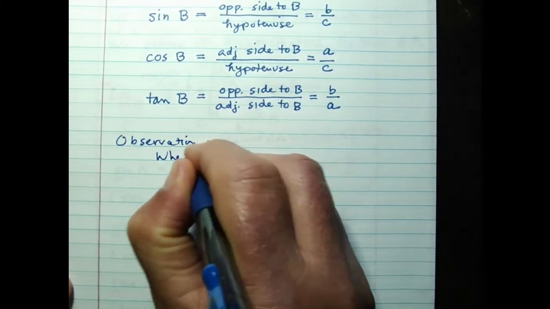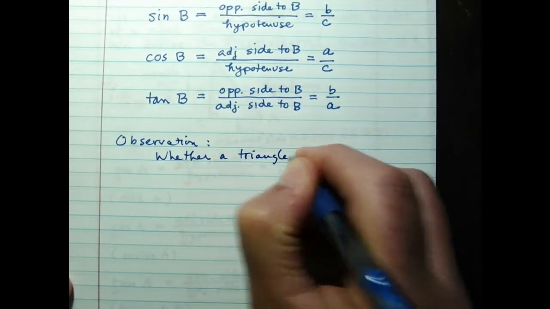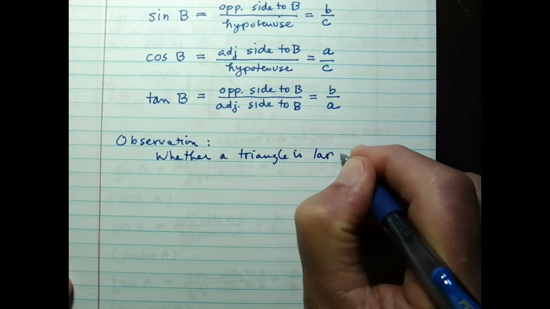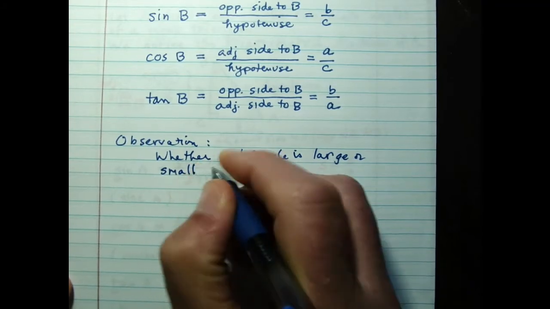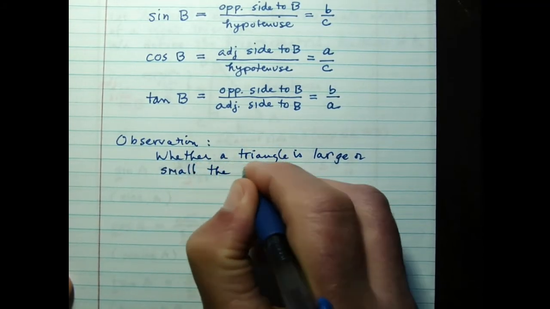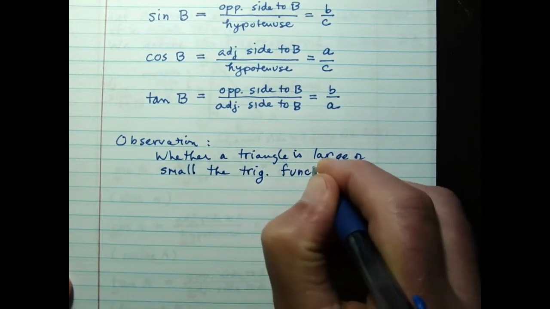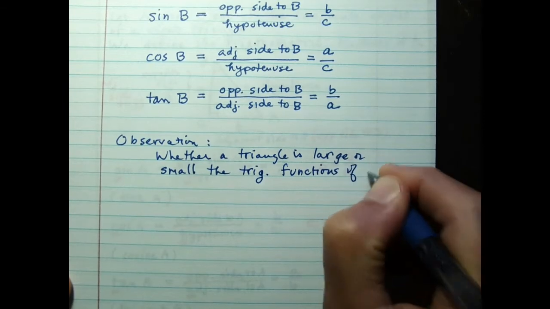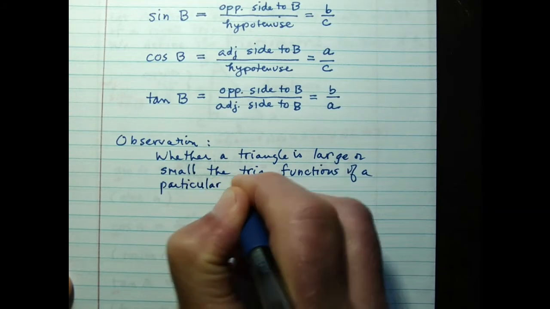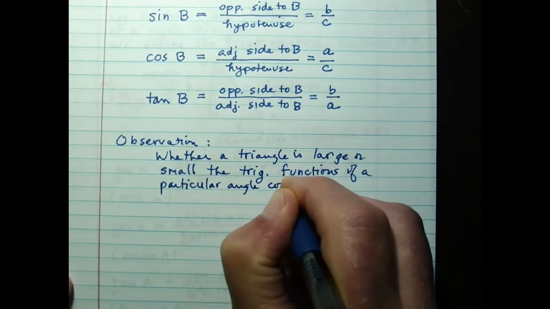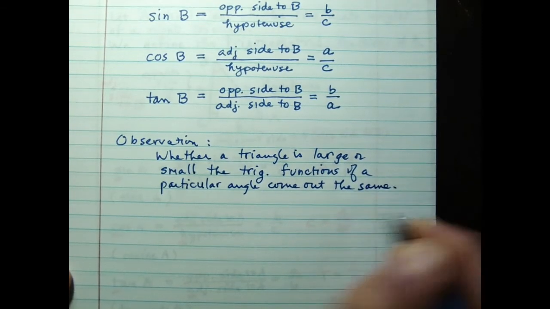Whether a triangle is large or small, the trig functions, short for trigonometric functions, of a particular angle come out the same. This is all because we have similar triangles.